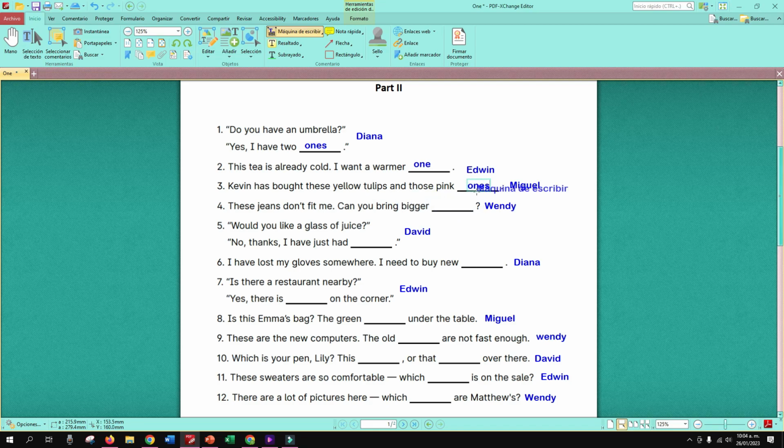So, plural ones. Excellent. Number four, Miss Wendy. These jeans don't fit me. Can you bring bigger ones? Okay, nice. Ones. Why? Because you're talking about these jeans, right? So, plural.